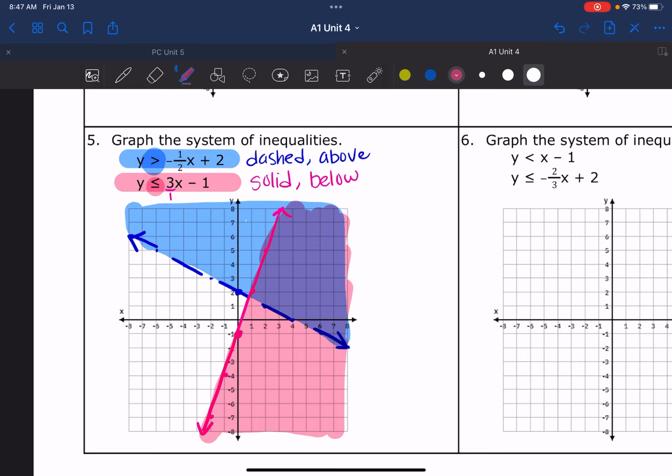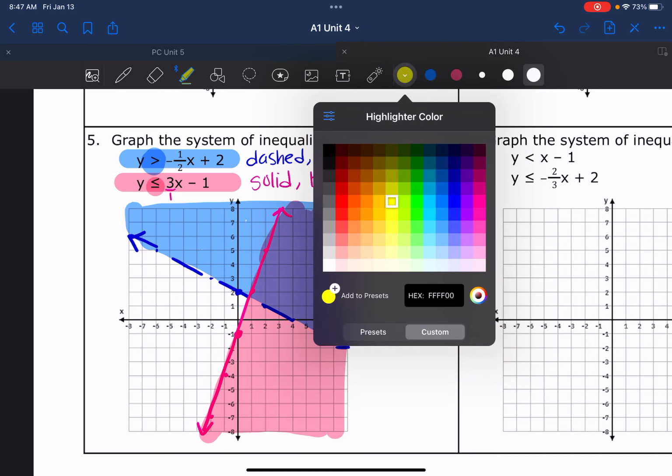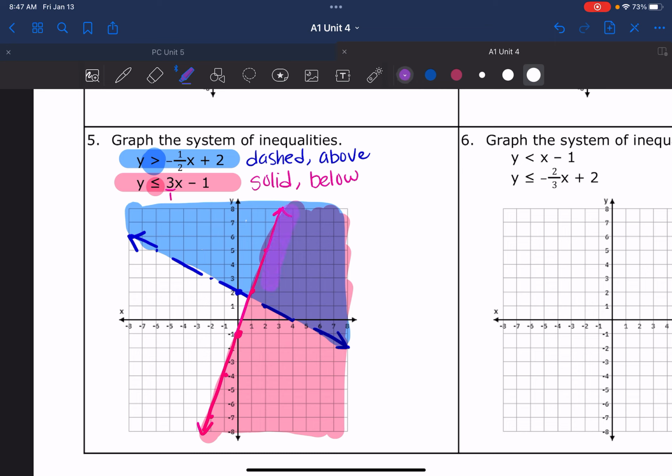Okay, so this is what that system should look like on a graph. And if they ask you for the solution set, it's this area right here where it got double shaded, where it got shaded by both of our inequalities. I'm just going to shade it in a little bit darker, but that's our solution set.